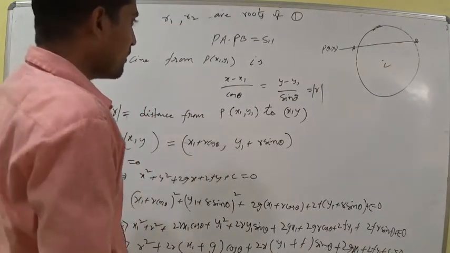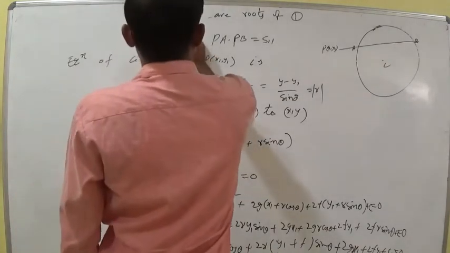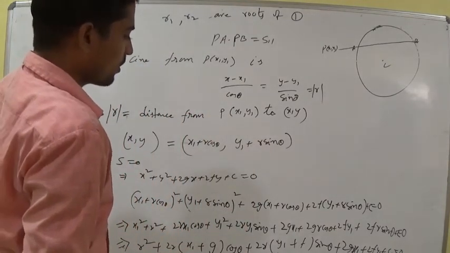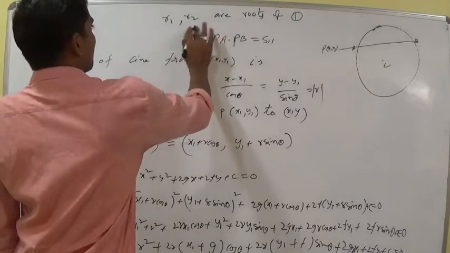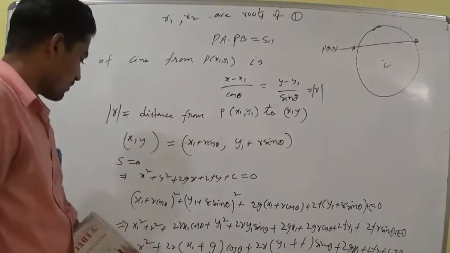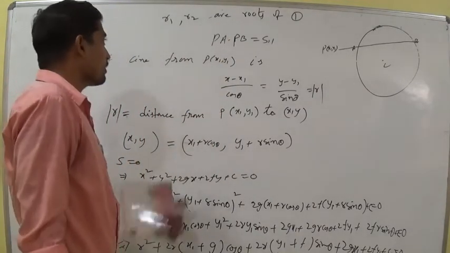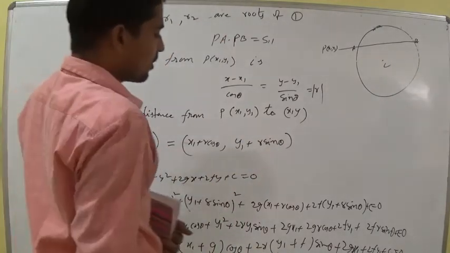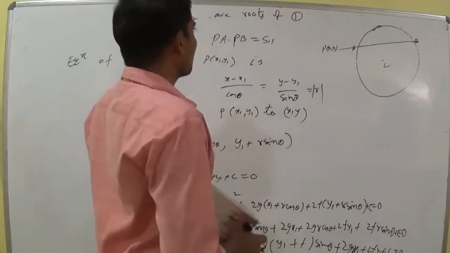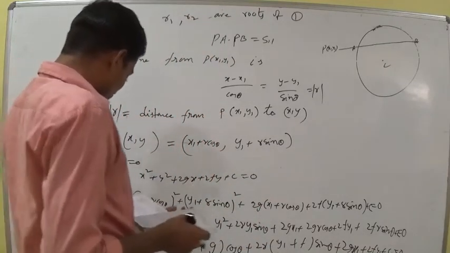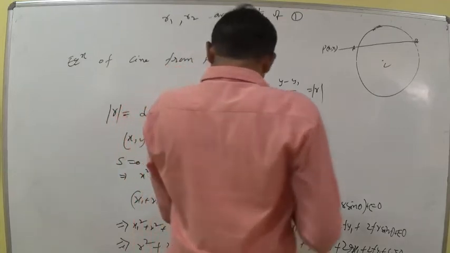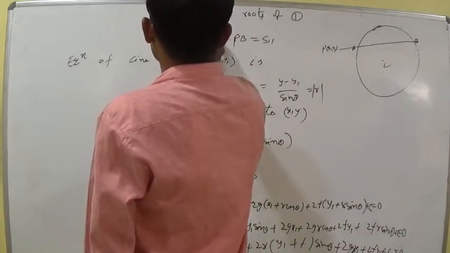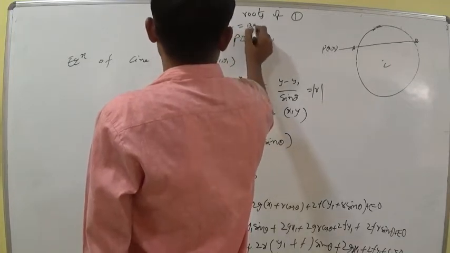Roots of 1 means the product of r1 and r2 is equal to S11. Here r1 is equal to AP, r2 is equal to BP.